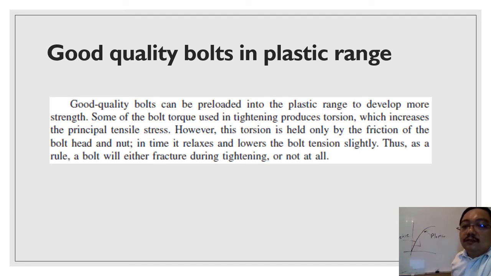So this torsion is held by friction of the bolt head and the nut. In time, it relaxes and lowers the bolt tension slightly, meaning that given time, that bolt will be relaxed and it becomes smooth again. As a rule, a bolt will either fracture during tightening or not at all.